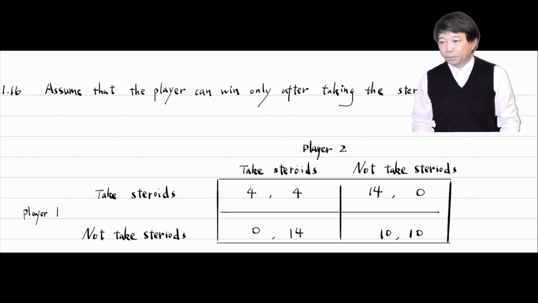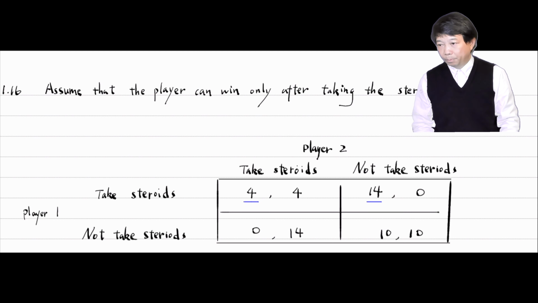We underline his payoff of 4. Given that player 2 does not take steroids, player 1's best response is also to take steroids because it brings a higher payoff. We underline his payoff of 14. Player 1 has a dominant strategy to take steroids no matter what his rival chooses.